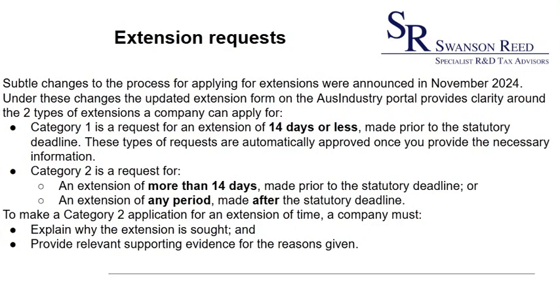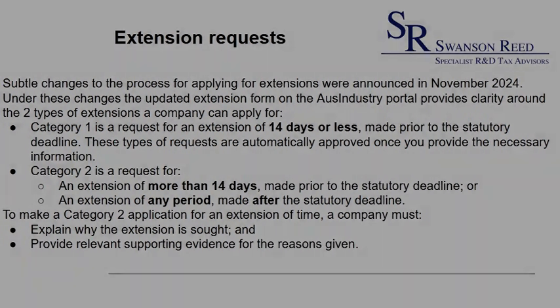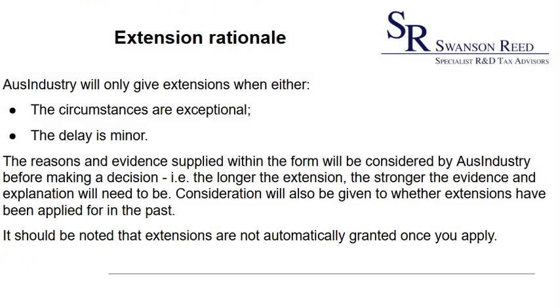To make a Category 2 application for an extension of time, a company must explain why the extension is sought and provide relevant supporting evidence for the reasons given. Oz Industry will only give extensions when either the circumstances are exceptional or the delay is minor.